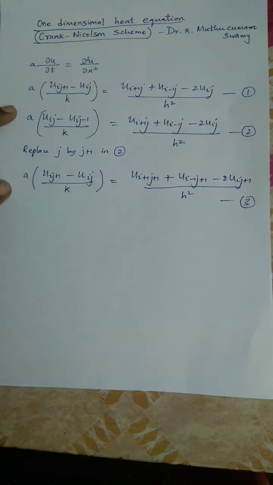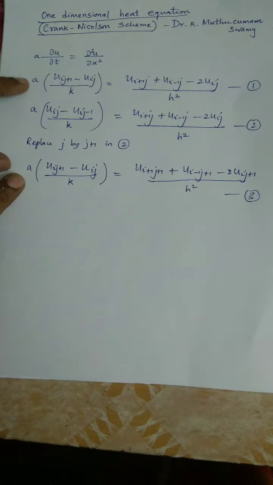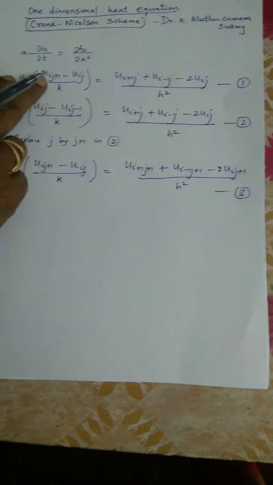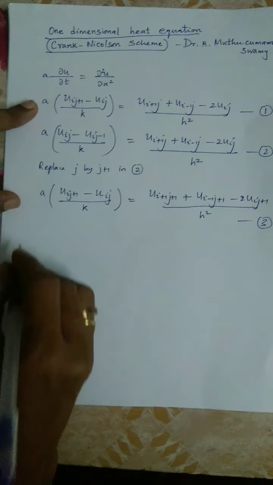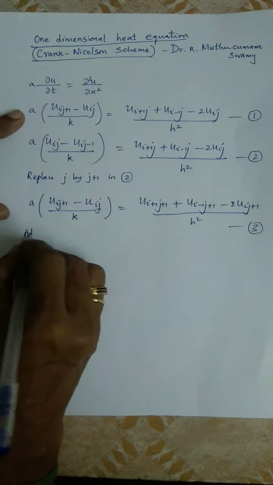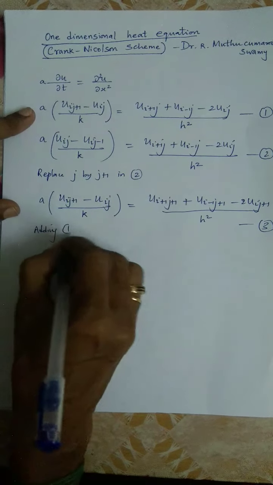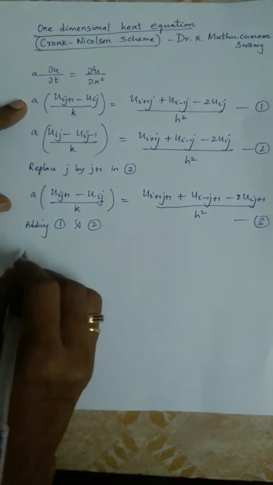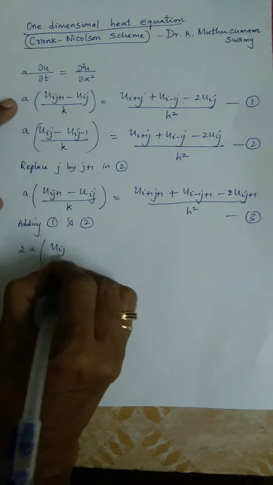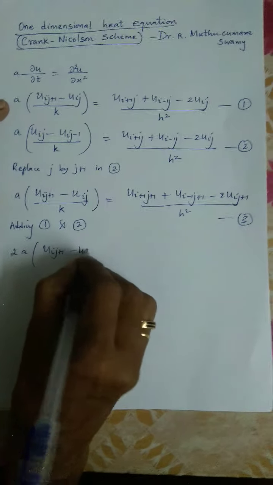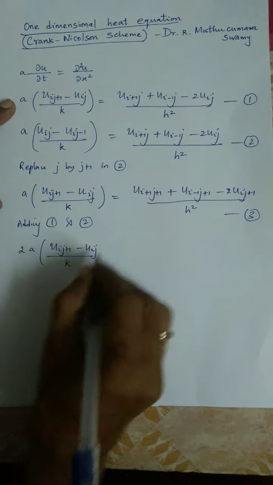Now equations 1 and 3 have almost identical left hand sides. What to do? I'm going to add these two equations. By adding equations 1 and 3, I'll get 2 times (U_i,j+1 − U_ij) divided by k.